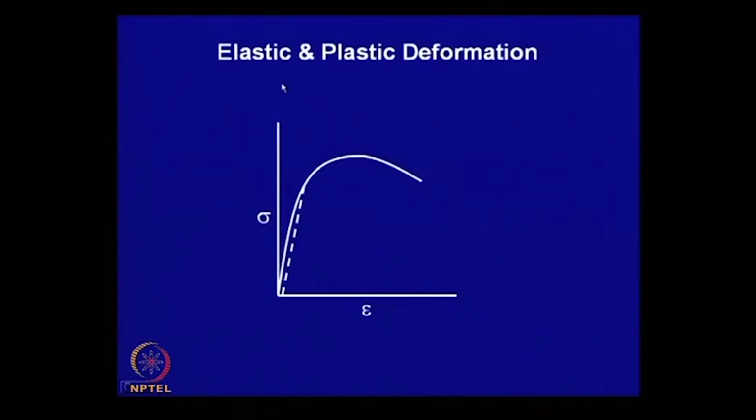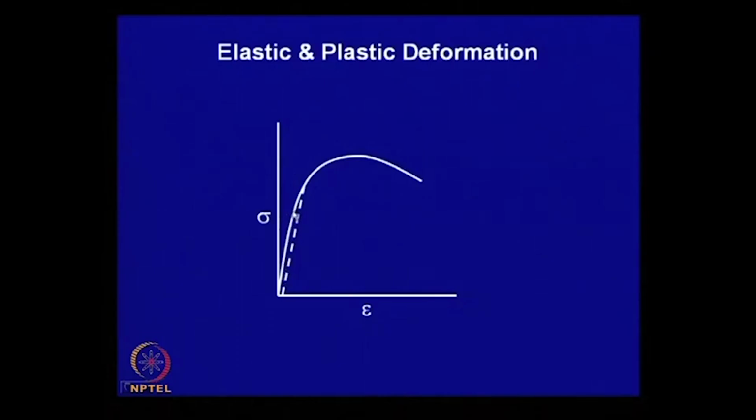Now, to recapitulate the difference between elastic and plastic deformation, you are already familiar with this type of stress strain plot, which we normally perform to find out the strength of a material, and we looked at it in detail and the type of information that you get from this kind of test. Now, this part of the stress strain diagram represents elastic deformation.